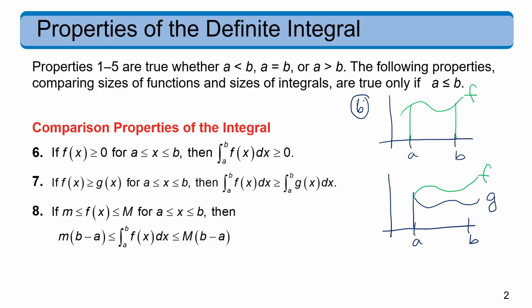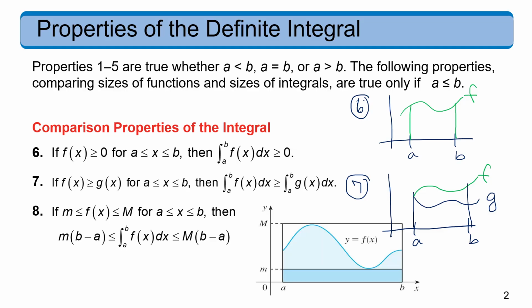Again, we cut it off at the sides here, a and b. So now the area below f is clearly going to be larger than the area below g. And that's what this statement is saying here, because this integral represents the area below f, and we know that's greater than or equal to the area below g. Okay, so that's our argument for property 7.